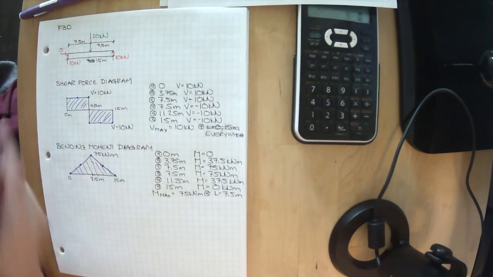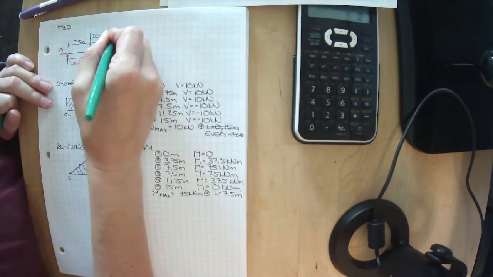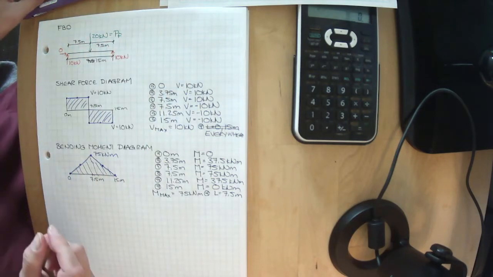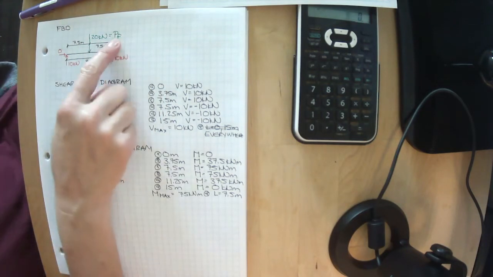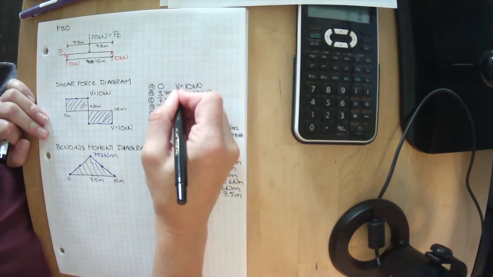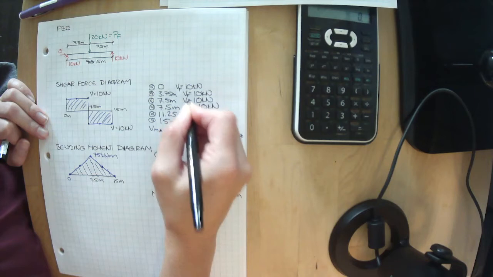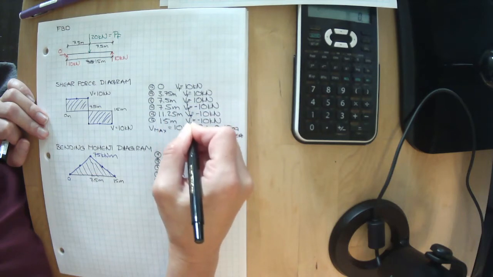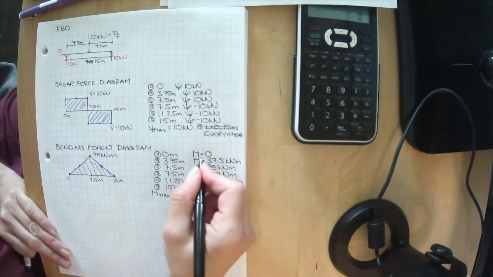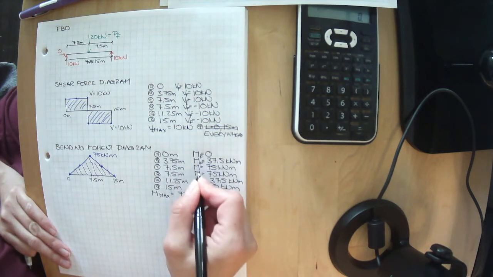What if this had been P subscript F? Remember, a little subscript F means factored. If this was a factored load, that means all of these could have a little subscript F on them. So our maximum factored shear would be 10 kilonewtons.